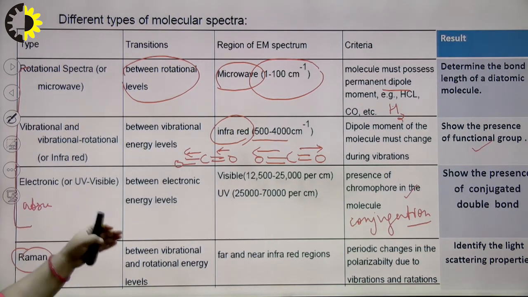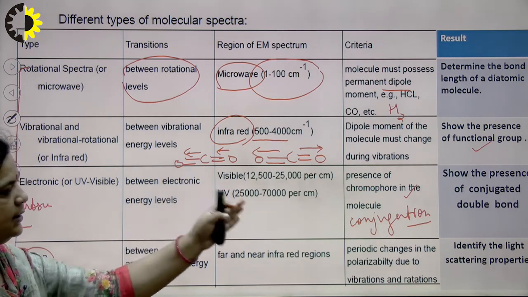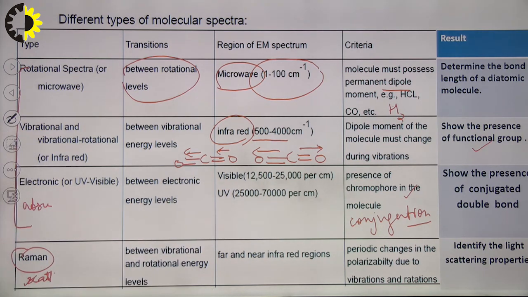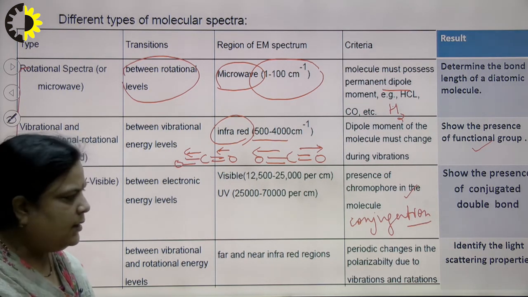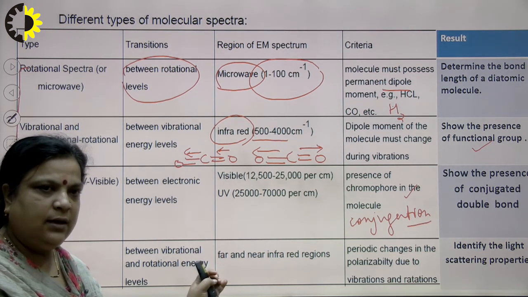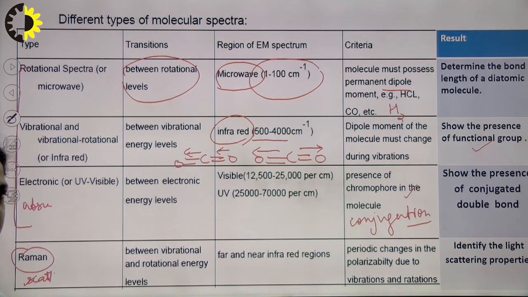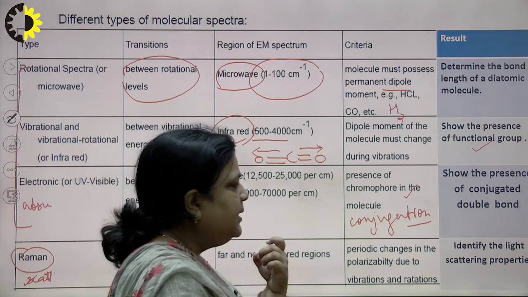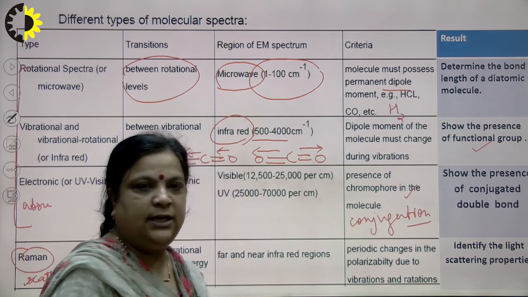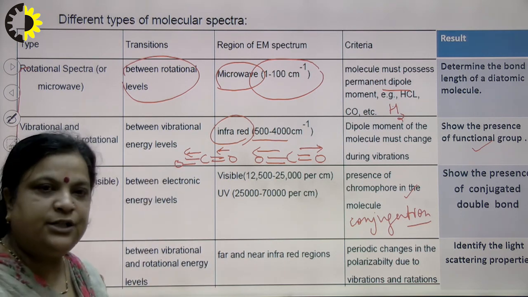And fourth is Raman spectroscopy, which is found by scattered light. Here the transition between vibrational and rotational levels occurs, and the region is far and near IR, but nowadays with visible light we can find this type of spectrum. And what is the criterion? There must be a periodic change in polarizability during the vibration or rotation.